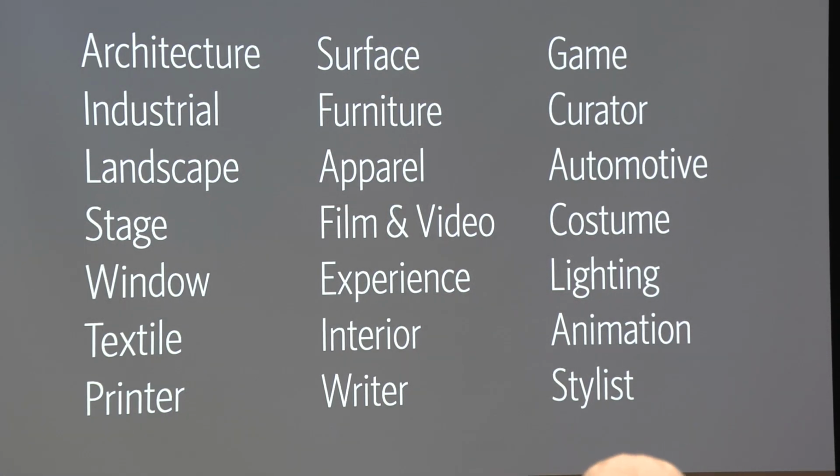Graphic design shares attributes and outcomes with many other design and arts disciplines and job titles seen on this slide and the next. Here we see architecture, industrial design, landscape architecture, stage design, window design, textile design, printing, surface design, furniture and apparel design, film and video, experience design, interior design, writers, game designers, curators, automotive and other vehicle designers, costume and lighting design, animation design, and stylists.